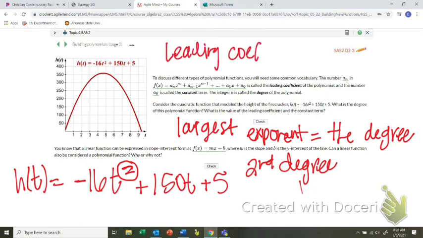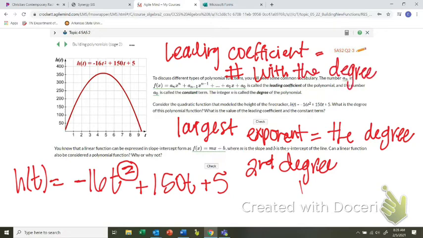Leading coefficient equals number with the degree. So what number is with our degree? Negative 16. Be sure to include your sign. LC stands for leading coefficient, by the way.